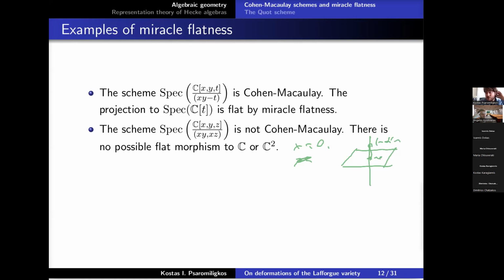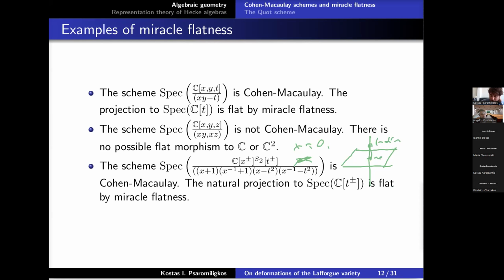And here's an example we will actually see next time, just to see how general this criterion is. This scheme is also Cohen-Macaulay, because it is something regular and you cut it off with a good enough equation to get something Cohen-Macaulay.